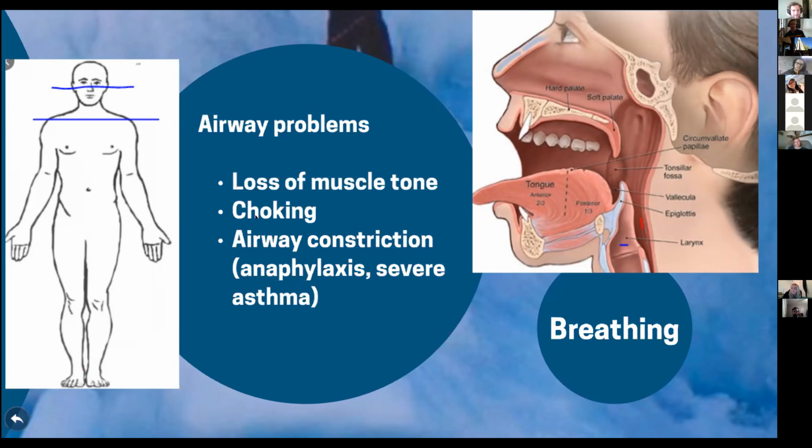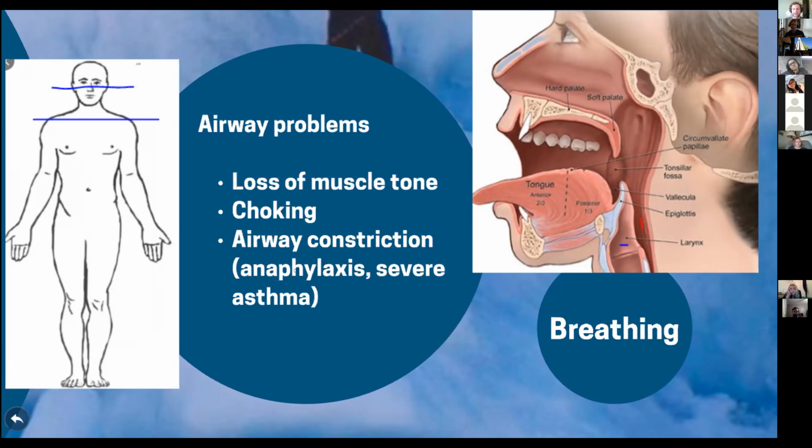Some other airway problems could be choking. If somebody's choking, we can do abdominal thrusts to clear the airway. And if somebody has a constricted airway, anaphylaxis is a severe allergic reaction. For example, I have a friend who's really allergic to bees, and if he gets stung by bees, his airway starts to close, his bronchioles start to close.